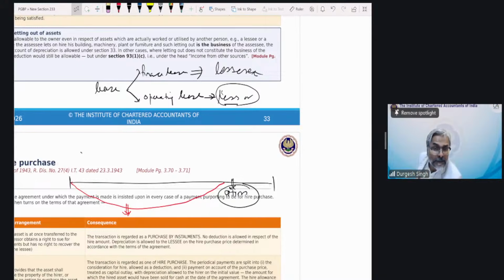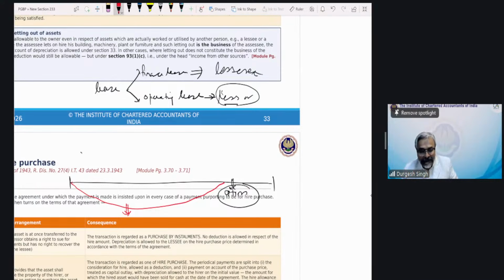So definitely we will have to say that because his business is giving the asset on lease, he is very much using the asset for the purpose of his business. And that exactly is the point.